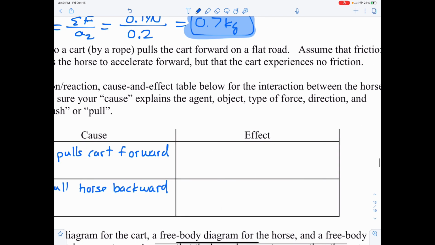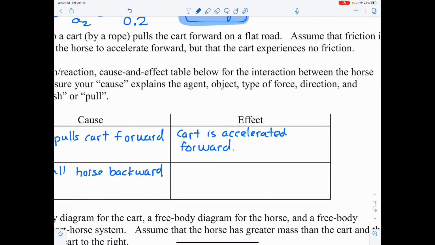Now the effect of this, the effect of the horse pulling the cart forward is that the cart is accelerated forward. The result of the cart pulling the horse backward is that the horse is held back by the cart.